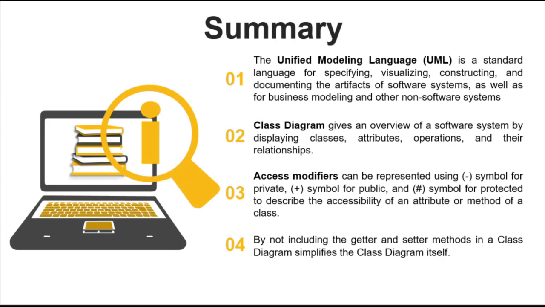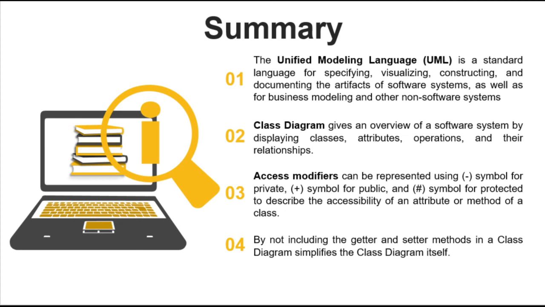In summary, we could say that the Unified Modeling Language or UML is a standard language for specifying, visualizing, constructing, and documenting the artifacts of software systems, as well as for business modeling and other non-software systems. A class diagram gives us an overview of a software system by displaying classes, attributes, operations, and their relationships.